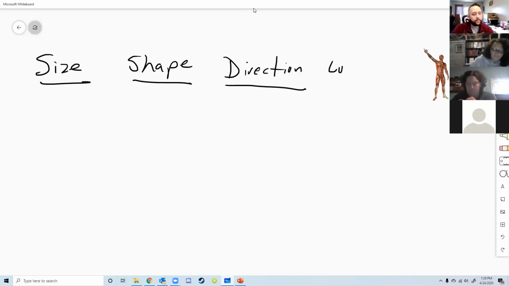The location. Is it lateral? Is it interior? Things like that.